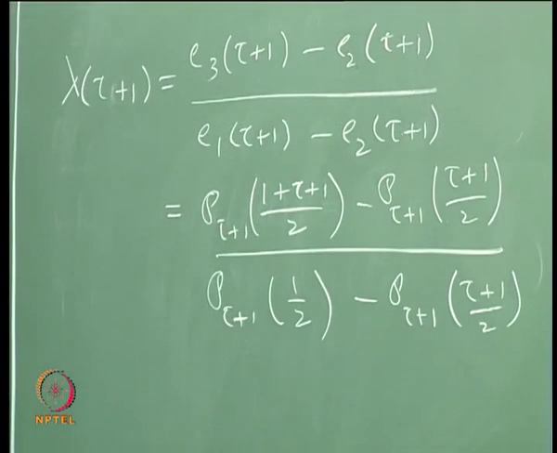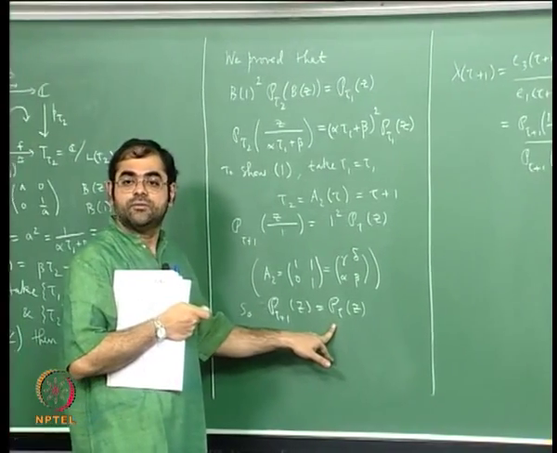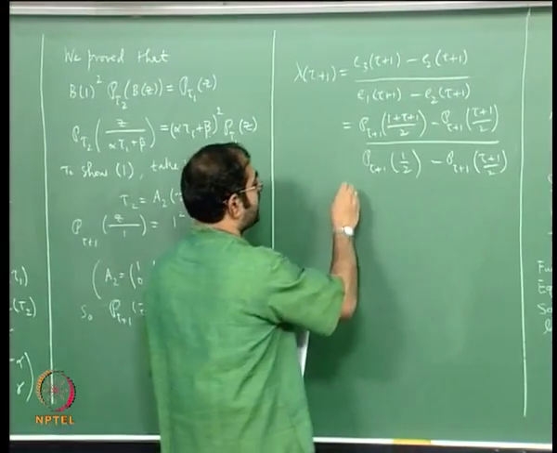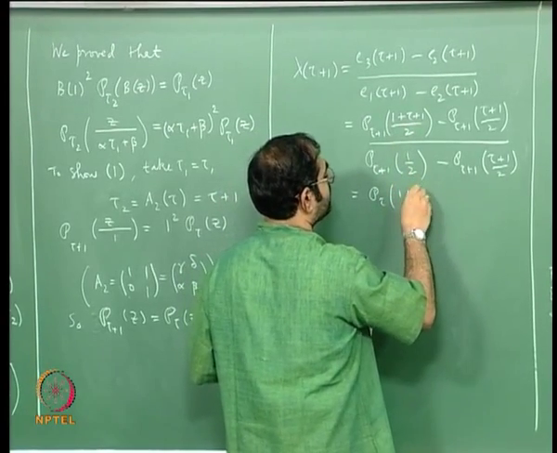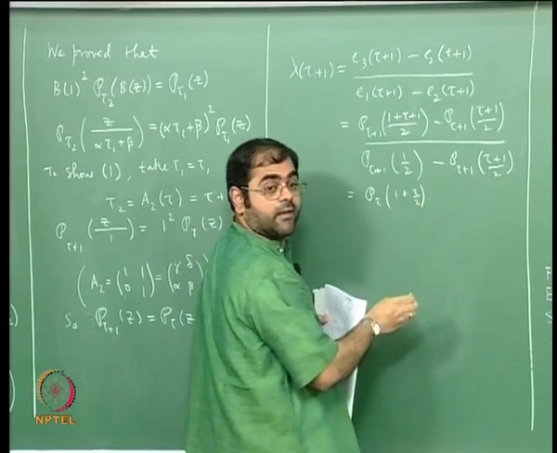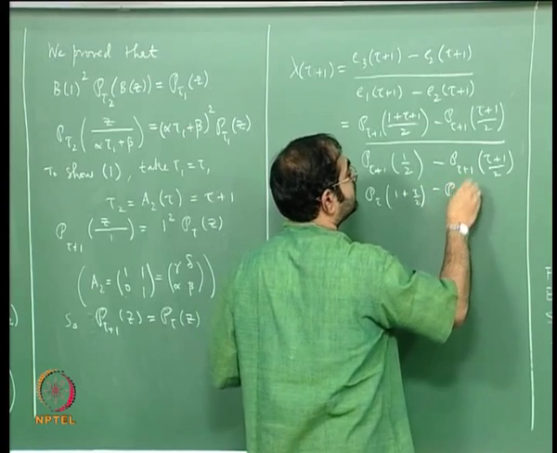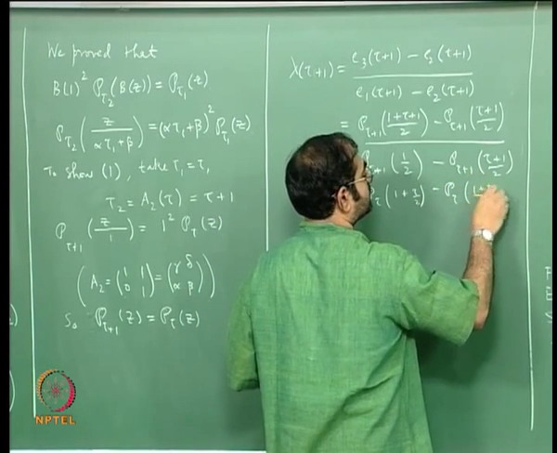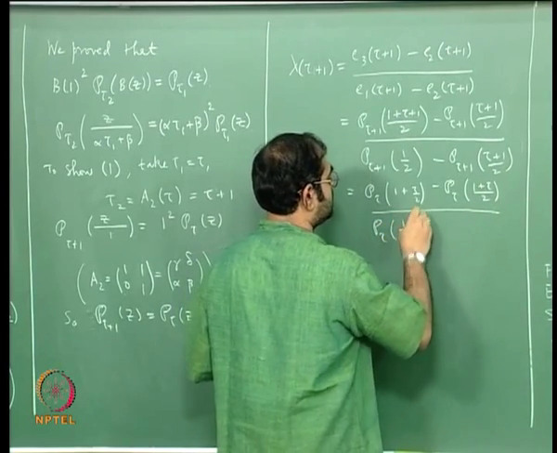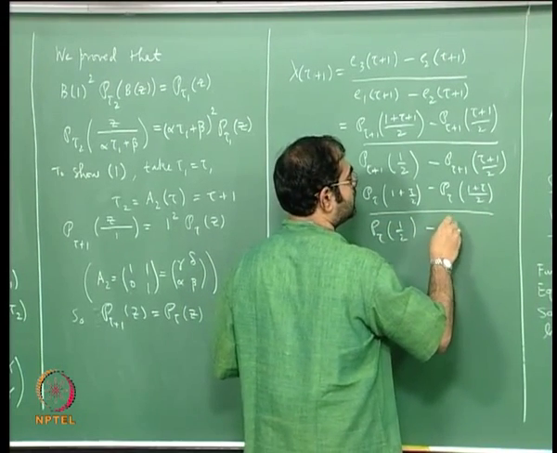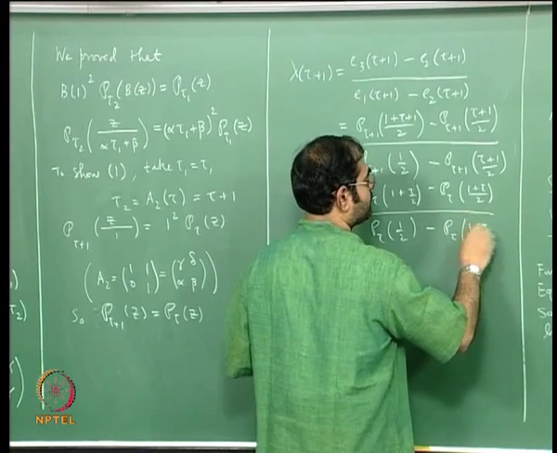But then you use the fact that p tau plus 1 is the same as p tau. So what I will get is p tau of 1 plus tau by 2 minus p tau of tau by 2, whole divided by p tau of half minus p tau of tau by 2.